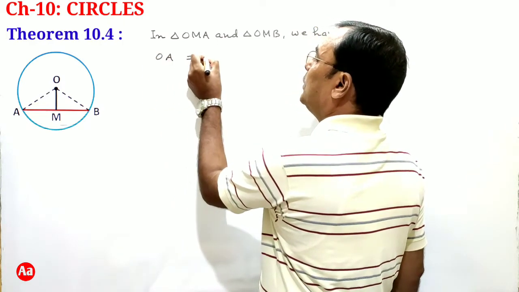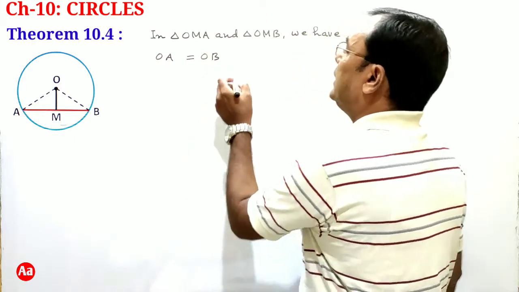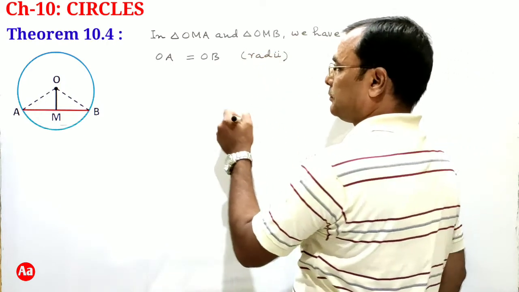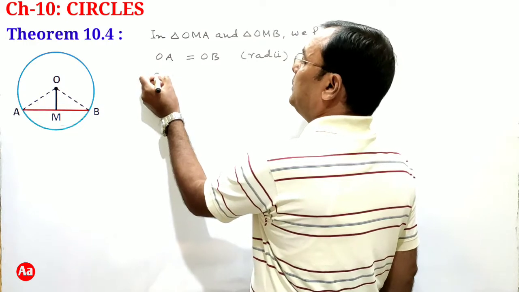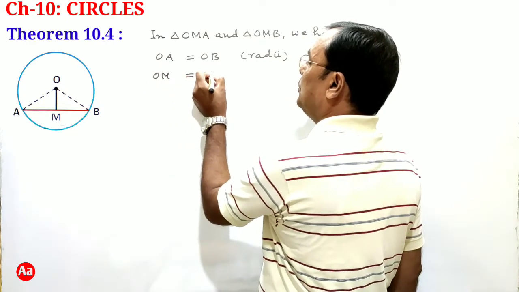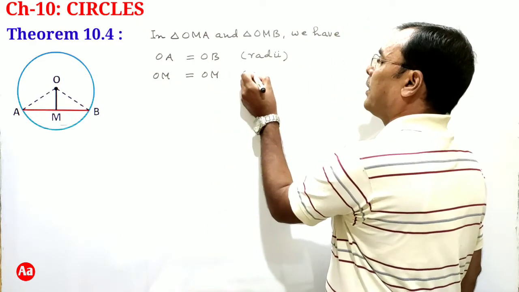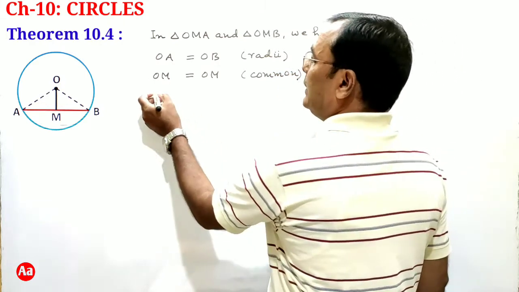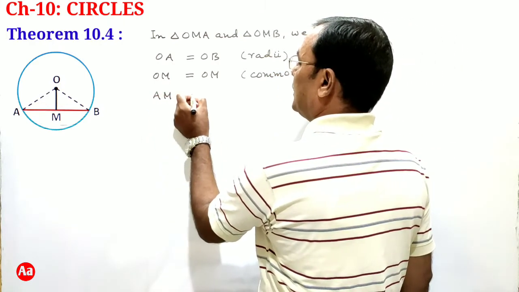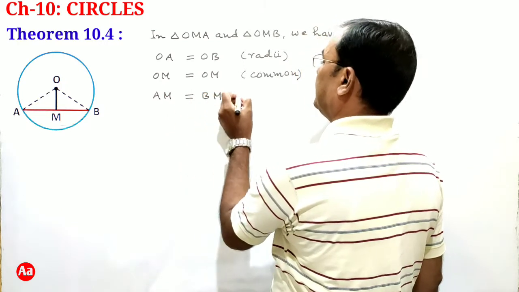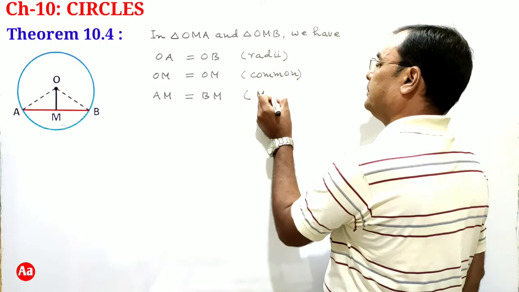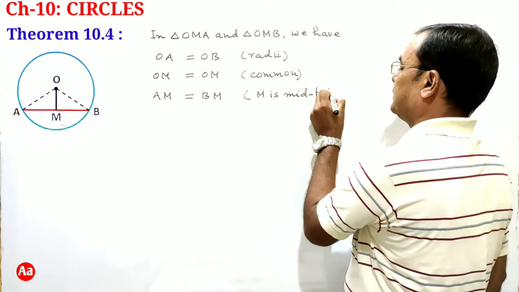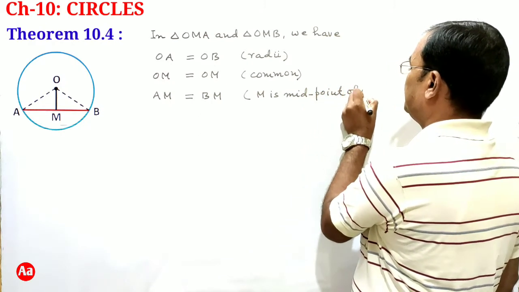OA equal to OB, radii of the same circle, so they are equal. OM equal to OM, common side. AM equal to BM, because M is midpoint of the chord AB.